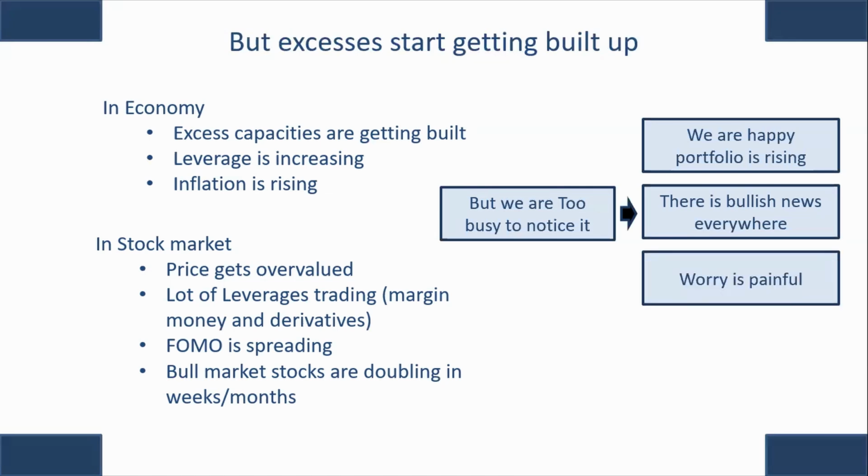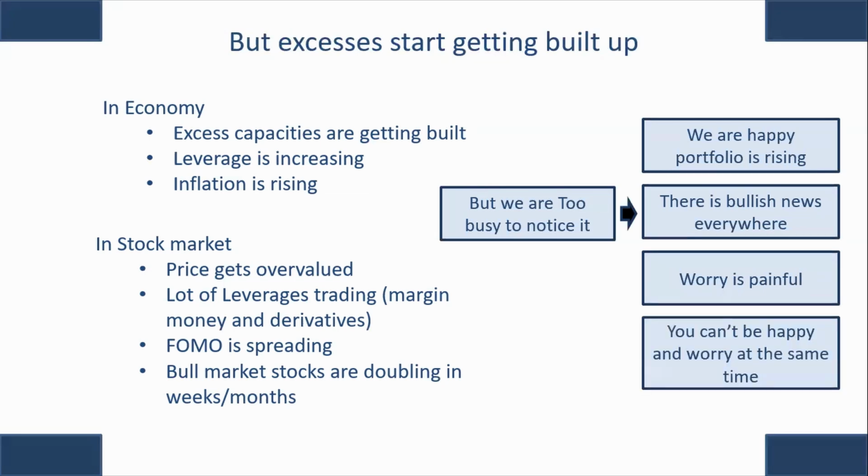And when we have a choice to feel happy about everything going well, we don't want to worry because worry is painful to the mind, right? Because we can't choose to be happy and worry at the same time, you know. So there is a bias towards not looking at what could be wrong in this particular situation where my portfolio is rising every month, every few months.